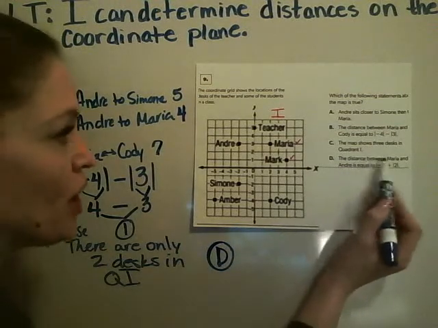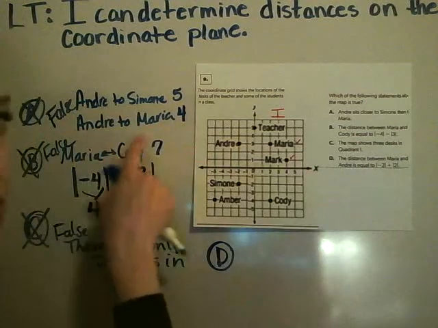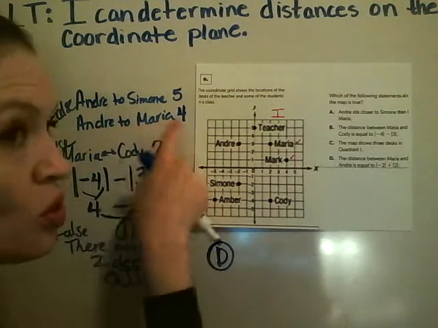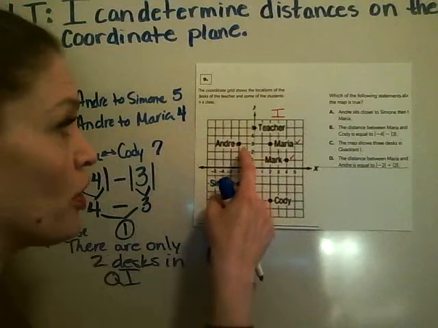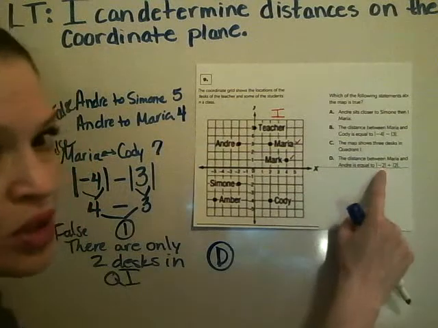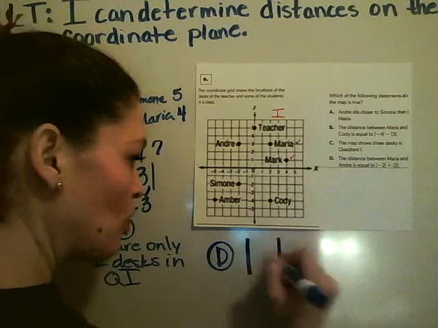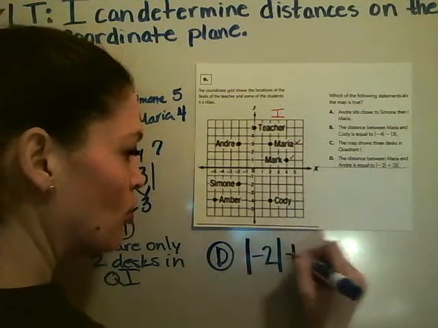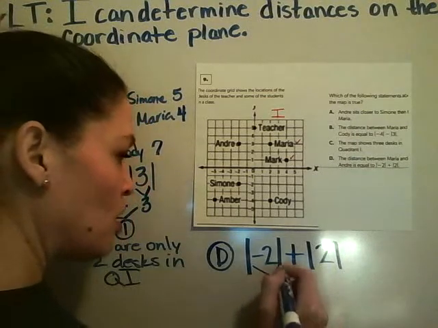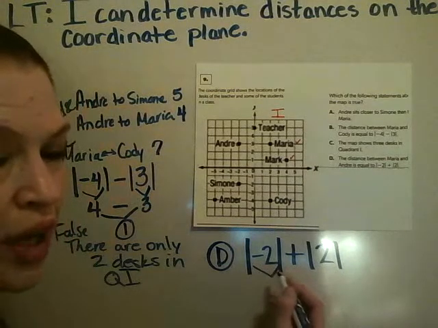So we already calculated that earlier. We know that the distance from Andre to Maria is 4 units. If you didn't do that, you can just go back to your coordinate grid and verify it, and it is 4 units. Okay, but that 4 has to be equal to this absolute value expression they gave us. So let me write it out. So absolute value of -2 plus absolute value of 2. Solve that. So how far is -2 away from 0?